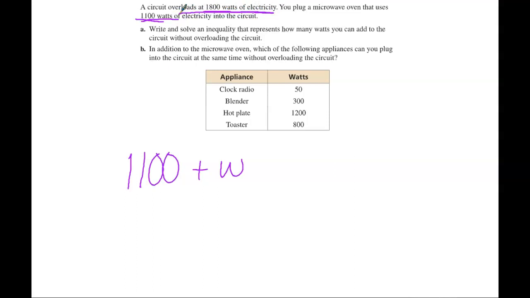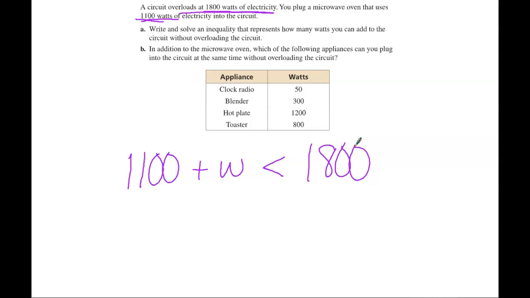That's not very good. So can it equal 1,800? No. But can it be greater than that? No. So it has to be less than 1,800. It's kind of like that max capacity question you guys had, except you can't equal it.